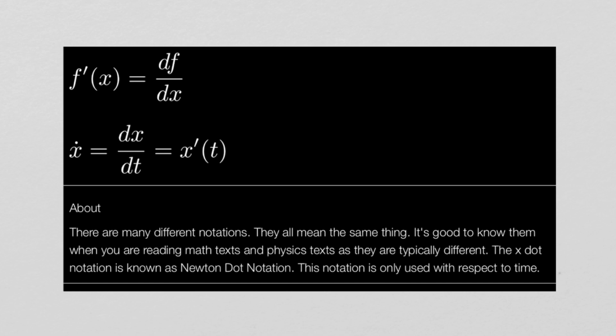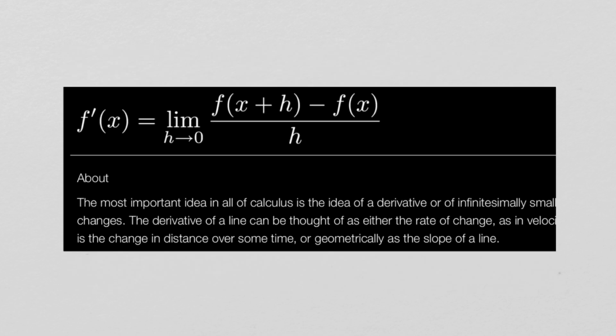So f prime of x is basically the derivative of that function. The definition of the derivative is f prime of x equals the limit as h goes to 0 of (f of x plus h minus f of x) divided by h.